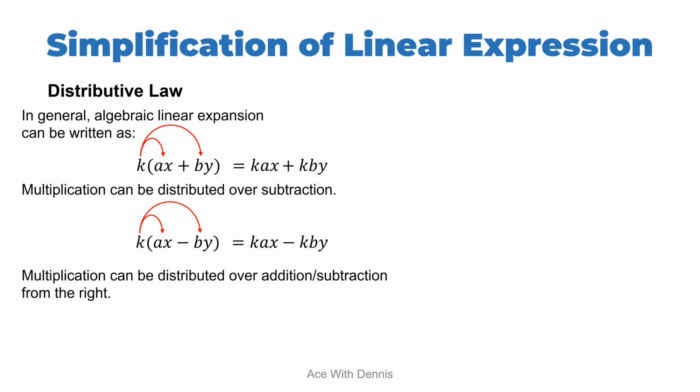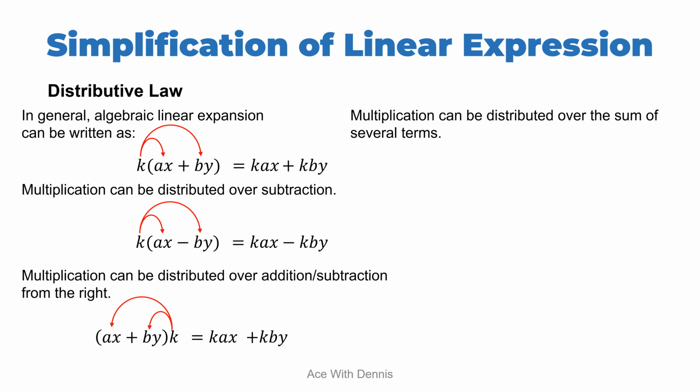Multiplication can be distributed over addition or subtraction from the right as well. So for example, bracket ax plus by times k. For this case, it is the same concept as the previous two examples. So k times ax, we get kax, and k times by, we get plus kby.